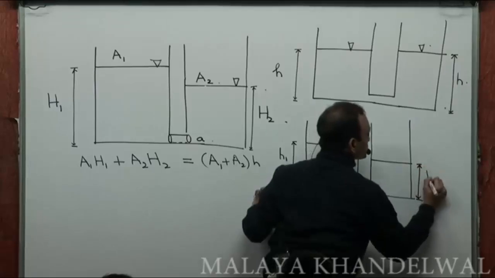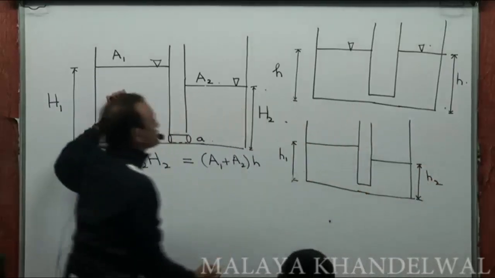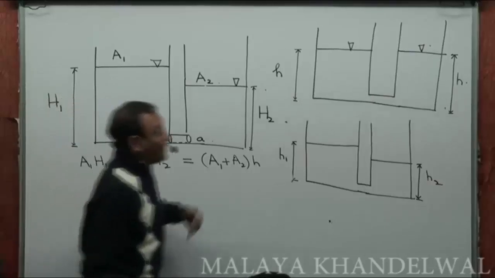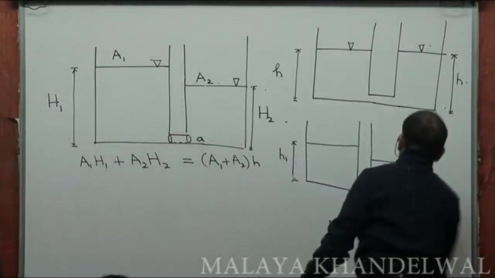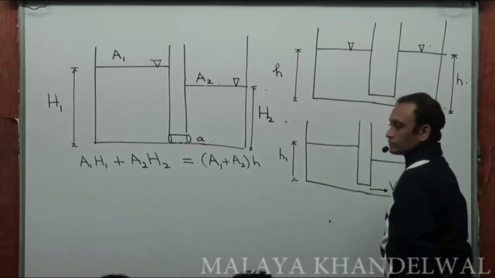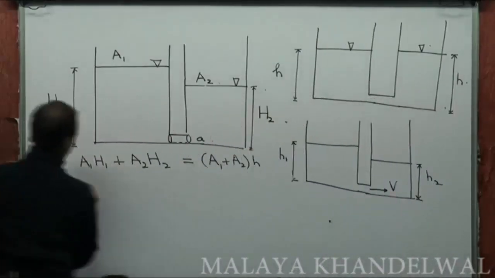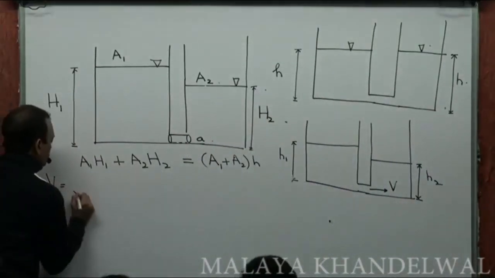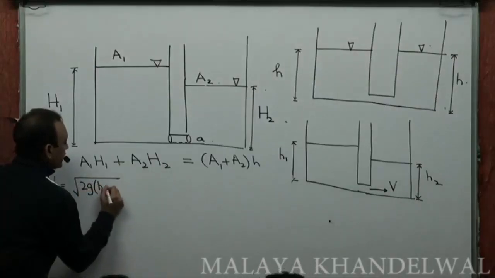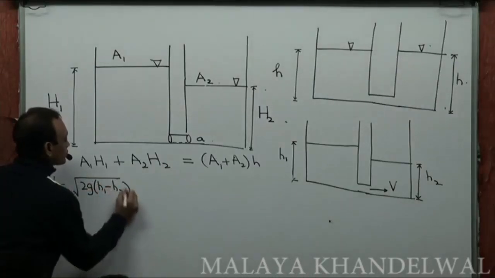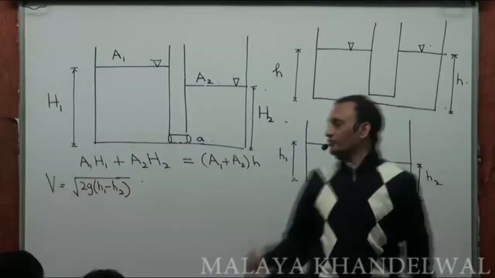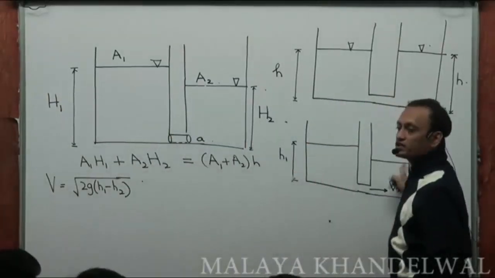This is an intermediate state during the flow from the left container to the right container, right? Now at this stage, the velocity of efflux from the first container to the second container, V, is going to be root 2g into (h1 minus h2). That's the velocity of efflux from container 1 to container 2.